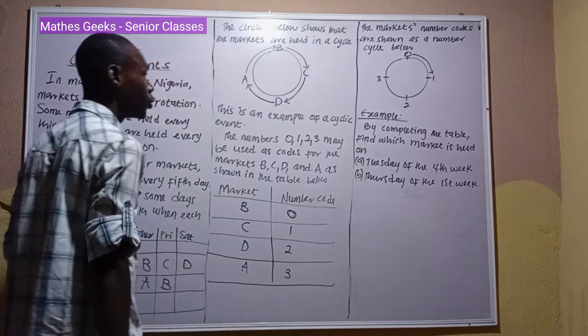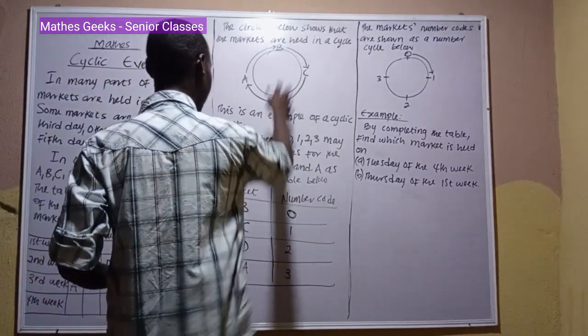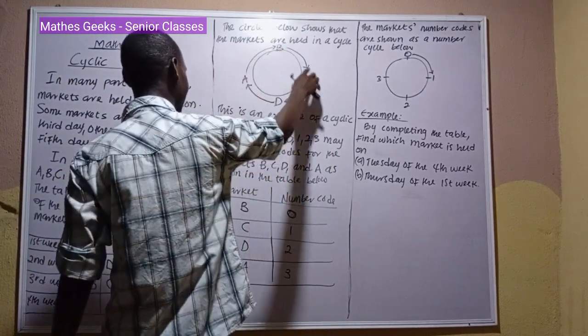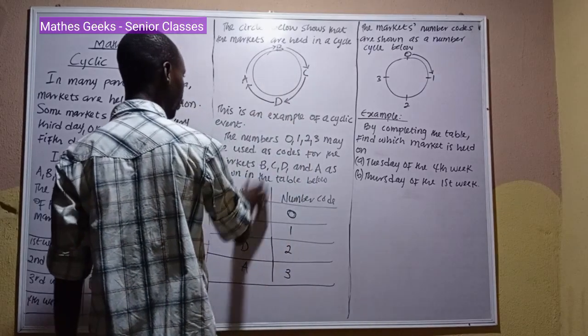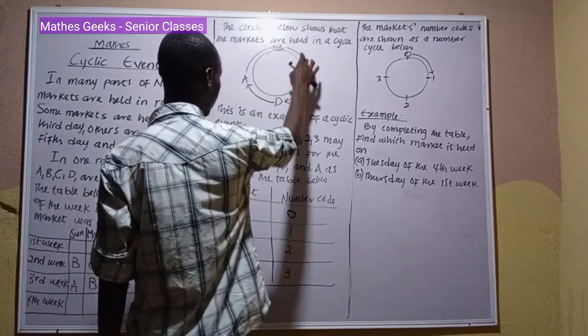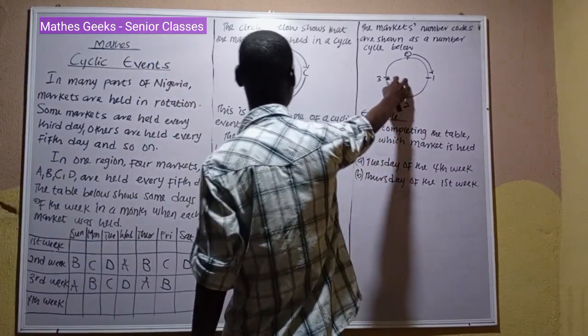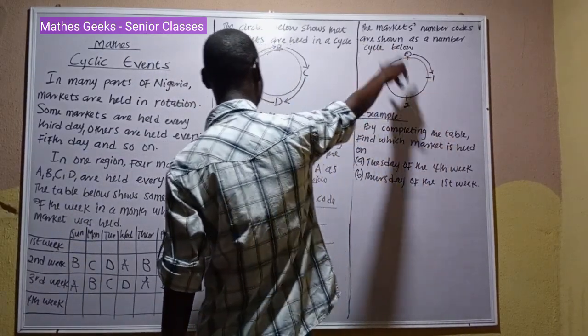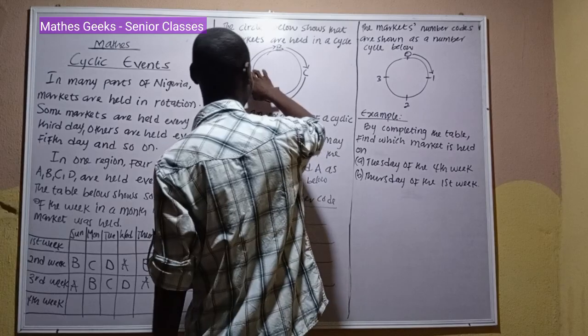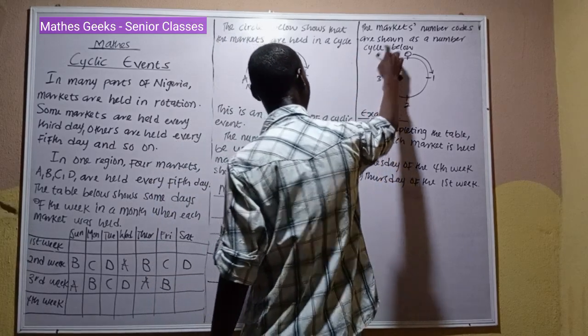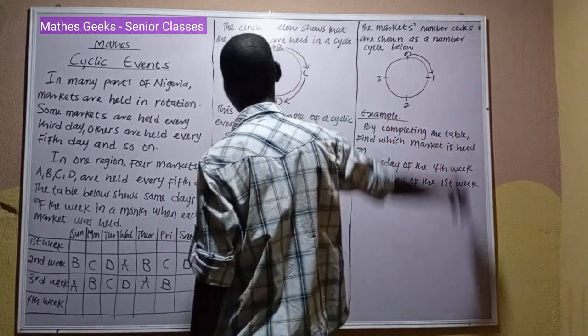You replace these letters with the code. Here you have B, you put 0, C, 1, D, 2, and A, 3. So if you rotate, if you start at A, that means you're going to start at 3, and then still be in a circular form.